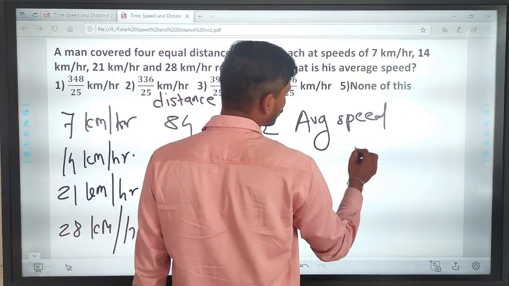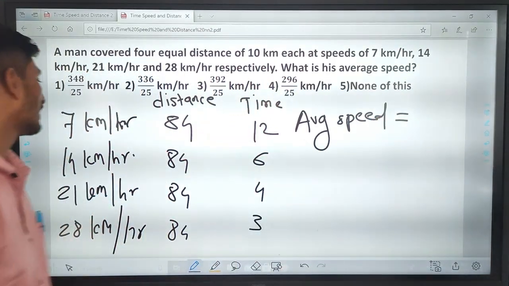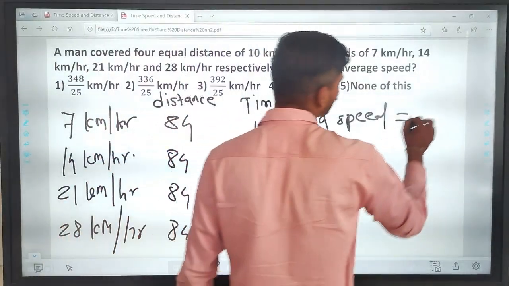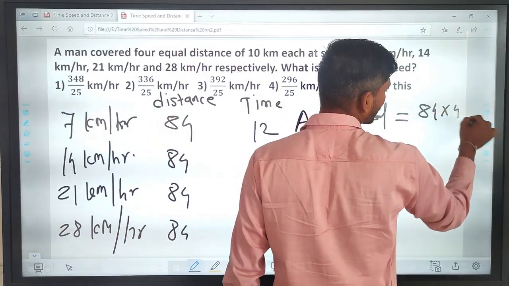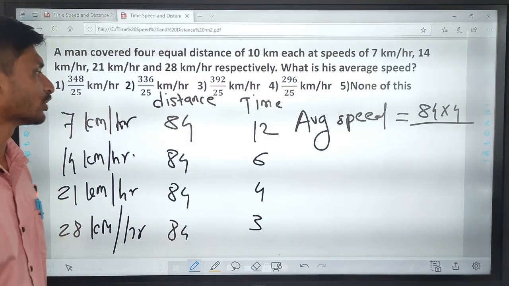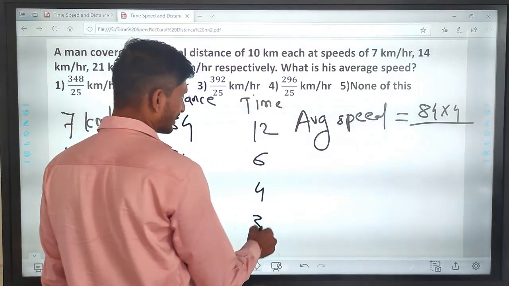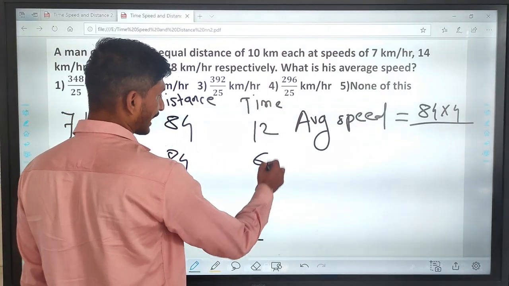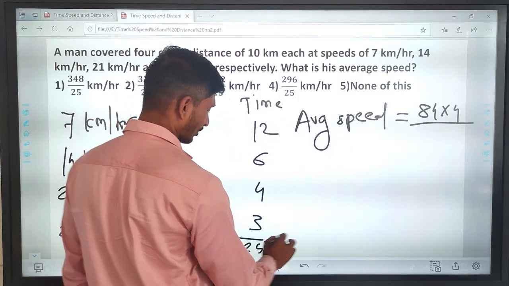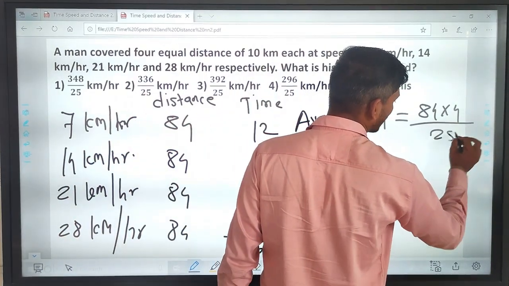Average speed is equal to total distance divided by total time. Total distance is 84 into 4. Then total time is 25 hours. So 84 into 4 divided by 25.